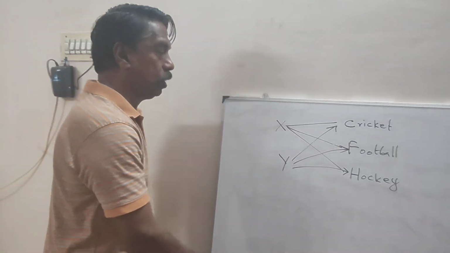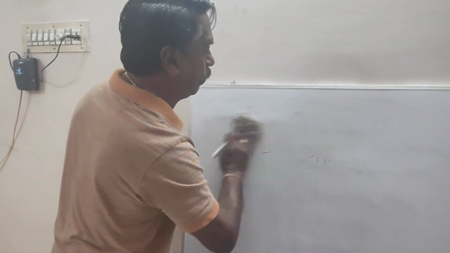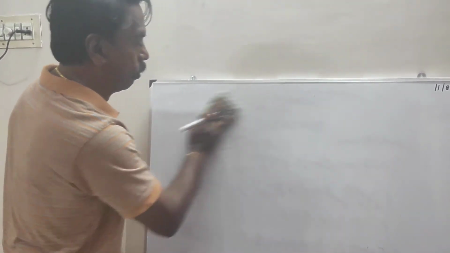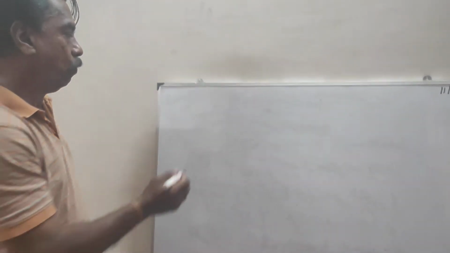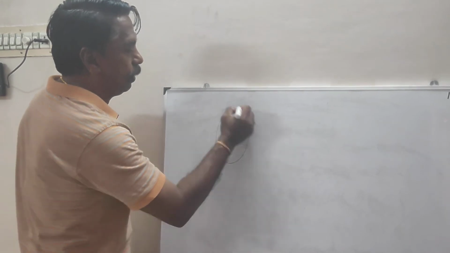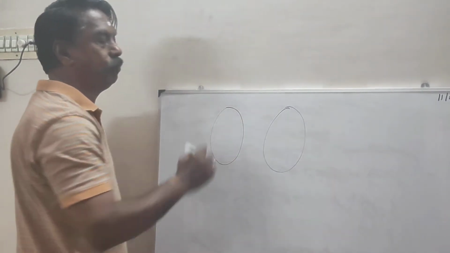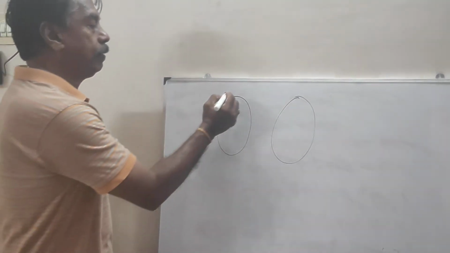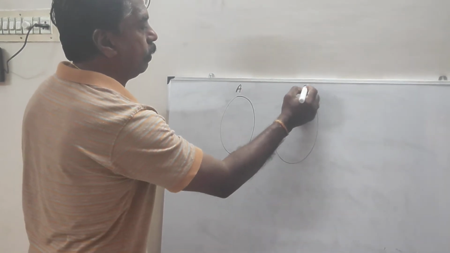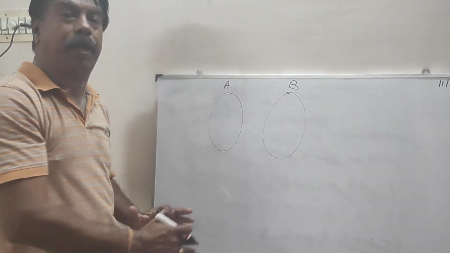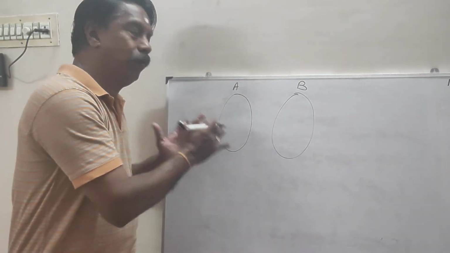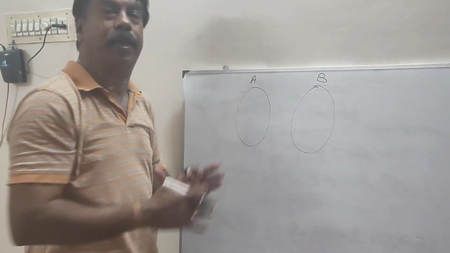Now we come back to the new operation, namely the cross product. It is based on sets. Now we have two sets, set A and set B. Can we see any elements in A and B now? Here A has no elements and B also has no elements.